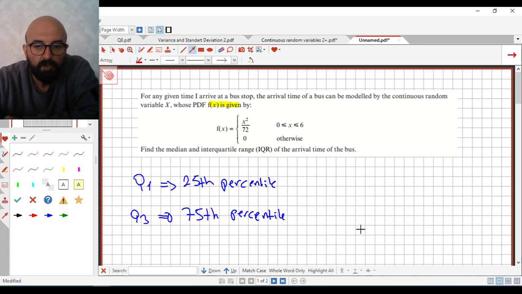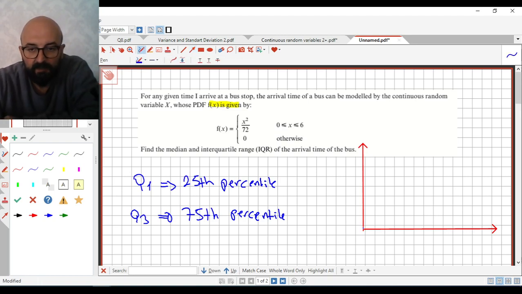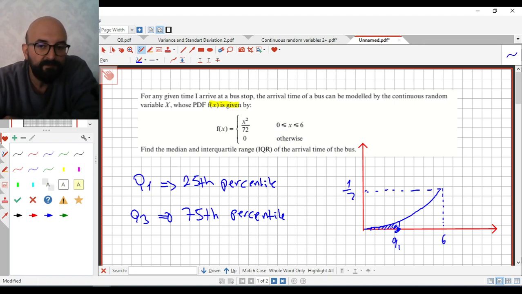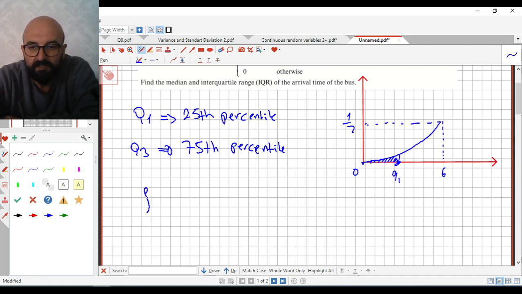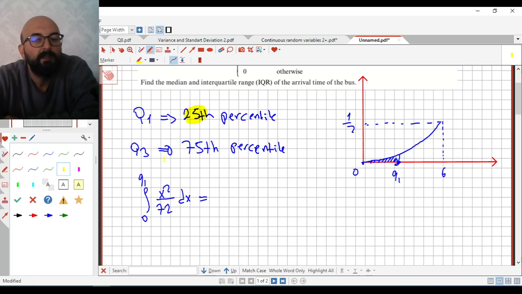So you want to find the 25th percentile. Please remember your curve like here, and the total should be 1, and this point, for example, means Q1. The area under the curve up to this point should be the 25th percentile. So this point is 0, and you should take the integral from 0 to Q1 of x squared over 72 dx, which should be 25th percentile.